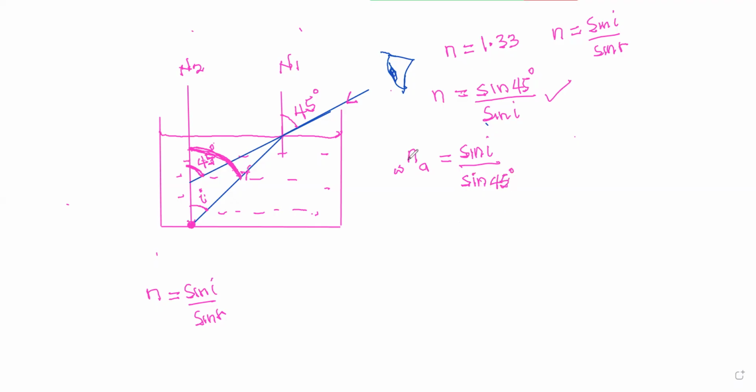Okay, and we learned that the absolute refractive index 1 to 2, or air to water, times the refractive index from water to air, this product is equal to 1.